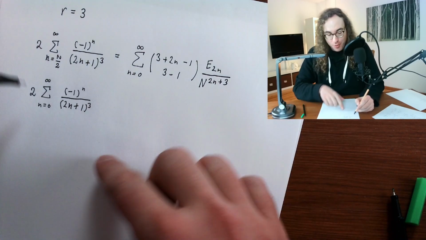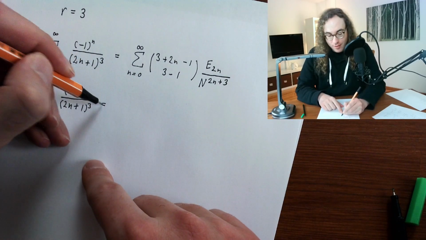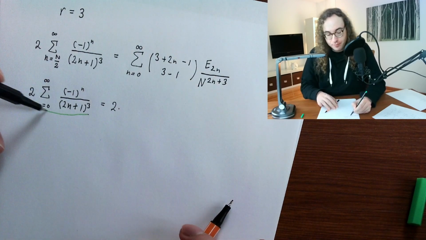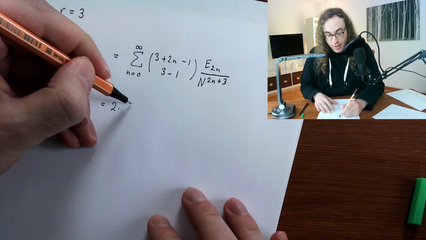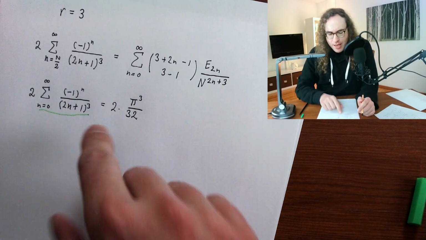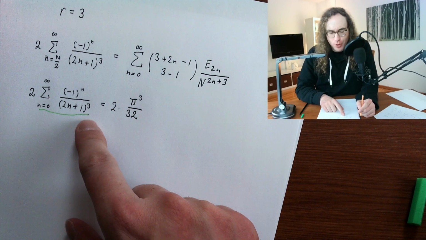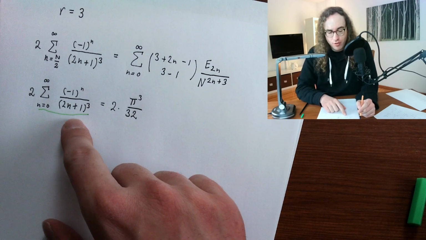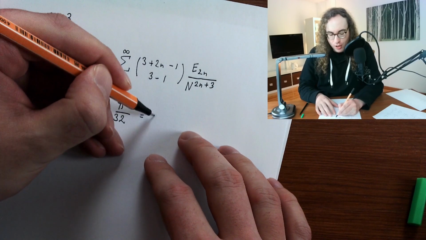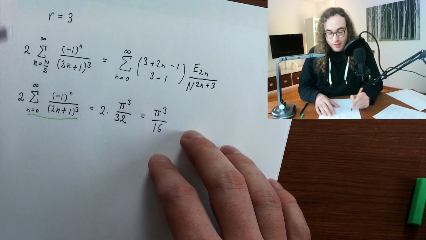Now I happen to know what this thing is. So this is 2 times this expression here, which is pi cubed divided by 32. Let us just accept this for the moment. I'll explain to you later how one can possibly know what the limits of such series are, but for the moment let's just accept this. So this is pi cubed divided by 16.